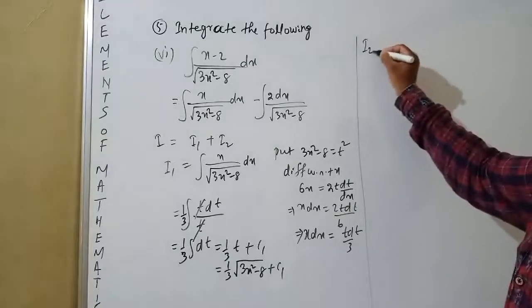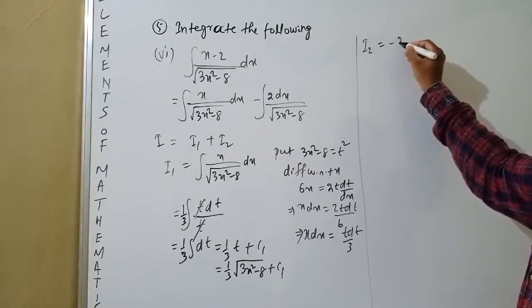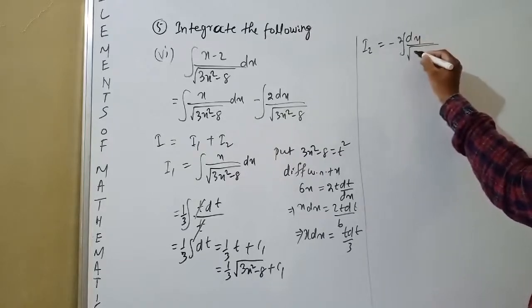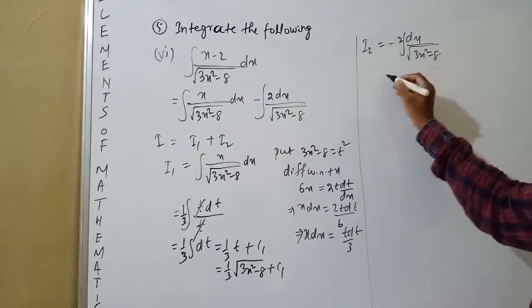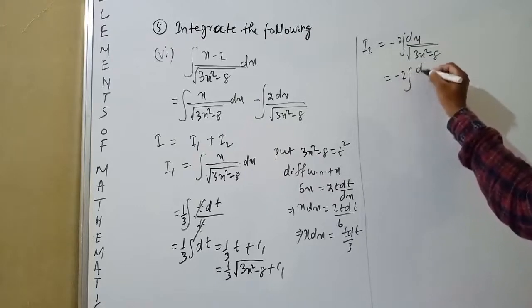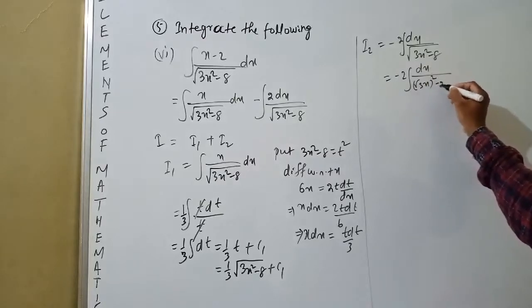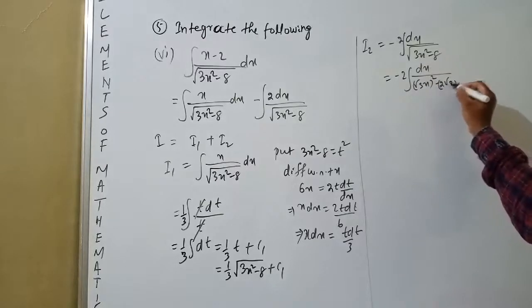I2. I2 is equal to minus 2 dx by root over 3x square minus 8. Okay, is equal to minus 2 dx by root 3x whole square minus 2 root 2 whole square.